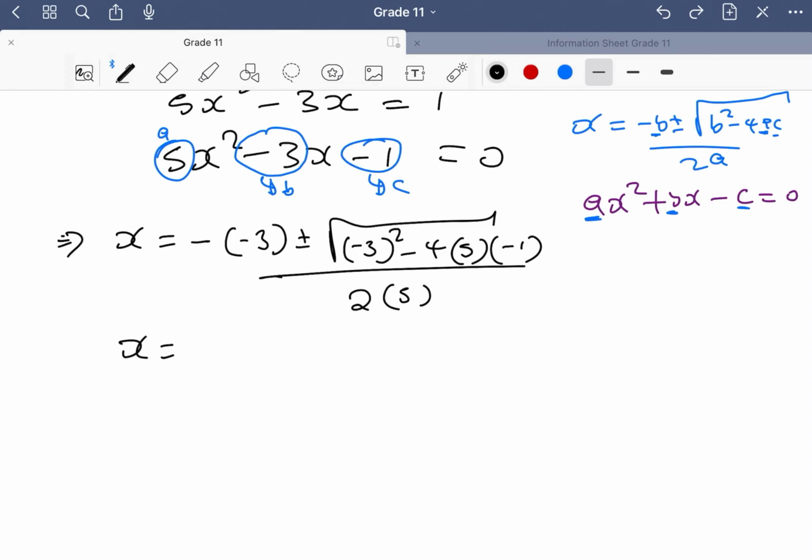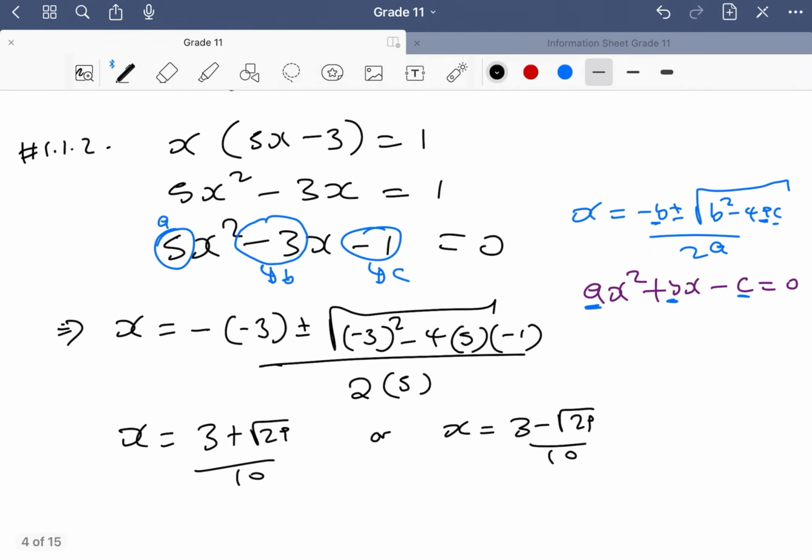Your answer is 3 plus square root of 29 over 10. Or x is equal to, you're doing the same thing: you keep the equation in your calculator and put a minus instead of a plus, and you have 3 minus square root of 29 over 10.